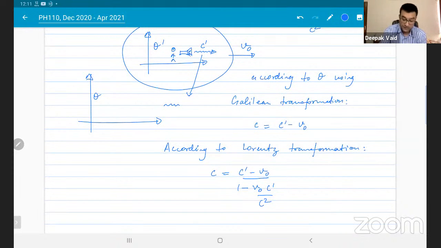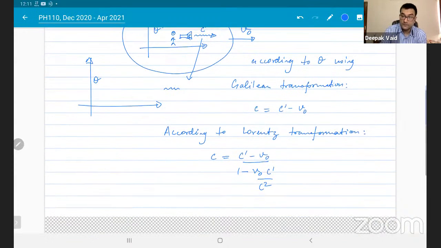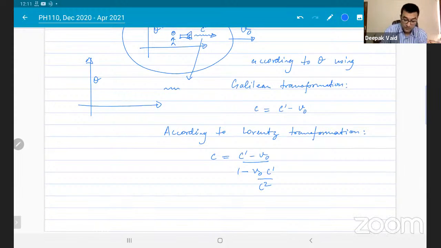Okay. But now remember that this is a beam of light. So for light, C prime is equal to C naught. This speed of light I'll write as C naught.